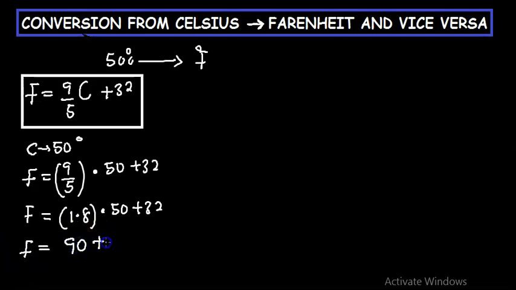Let's try to put it differently. In this case, we're still converting from degrees Celsius to Fahrenheit. But this time around, it's going to be C divided by 5 equal to F minus 32 divided by 9.